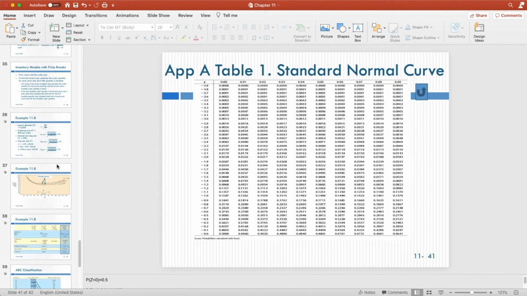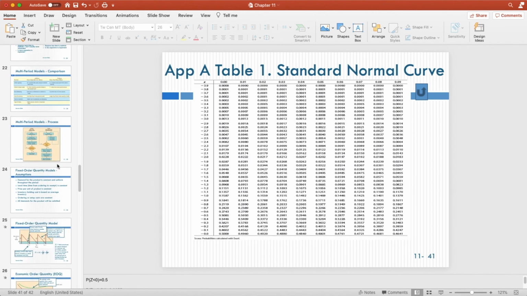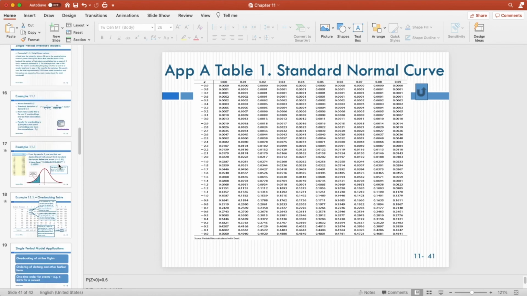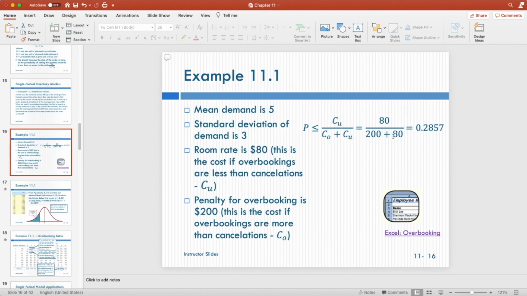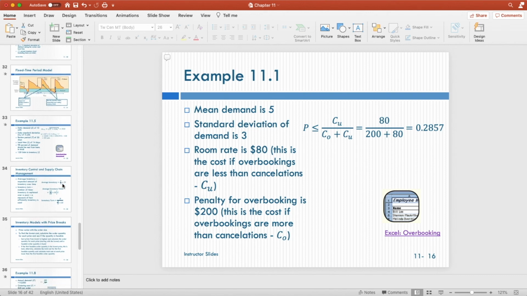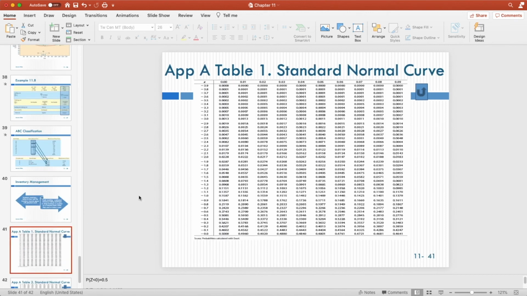So here, the specific number we are dealing with is 0.2857. Of course, we need to look at part A. Where's 0.2857?